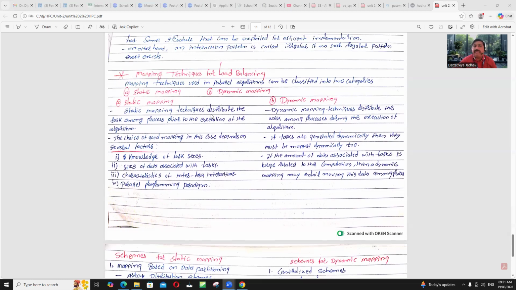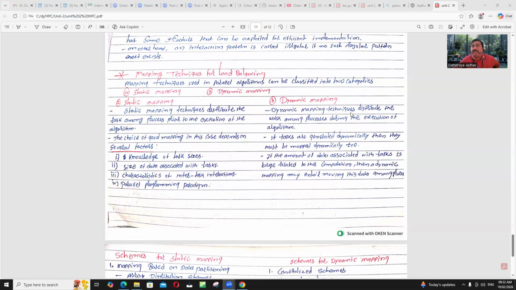The static mapping technique distributes the tasks among the processes prior to execution of the algorithm. So in static, we know all the tasks, so the allocation of tasks will be done previously, and we can process them on a prior basis.